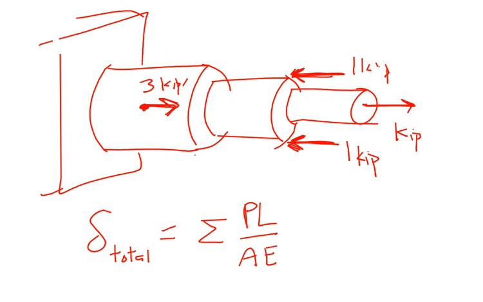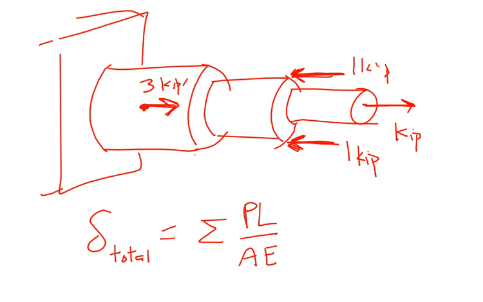Okay? So here's another way of looking at it. Each term of this summation is PL over AE. What that means is anytime a P value changes, an internal force changes, you should have a new segment.